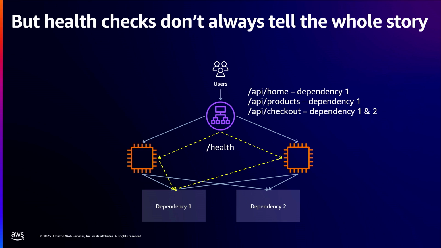So maybe you can't actually test every single API in your dependency chain. If there's a failure in dependency 2, it might get missed in the health check. If you mainly call, say, S3 get object as one of your dependencies, and in a rare case you have put object, and you don't actually test that in your deep health check, you might miss an impairment.